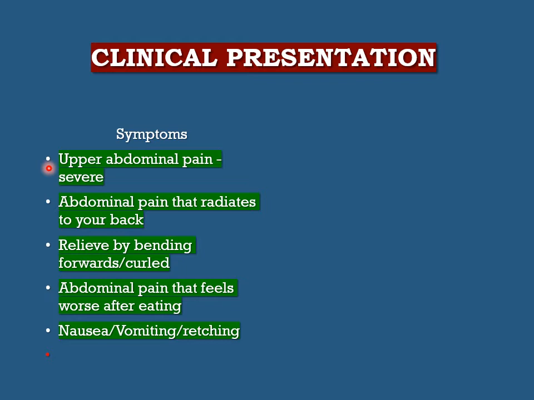The abdominal pain radiates from the front to the back, with relief by bending forward or lying curled up. The abdominal pain feels worse after food and is often associated with nausea, vomiting, and even retching. And this vomiting may be very severe and recurrent.